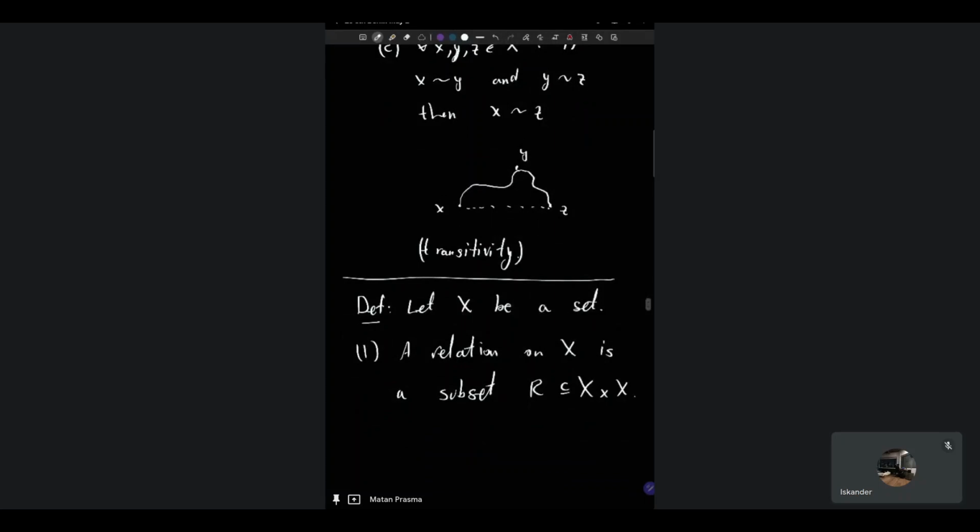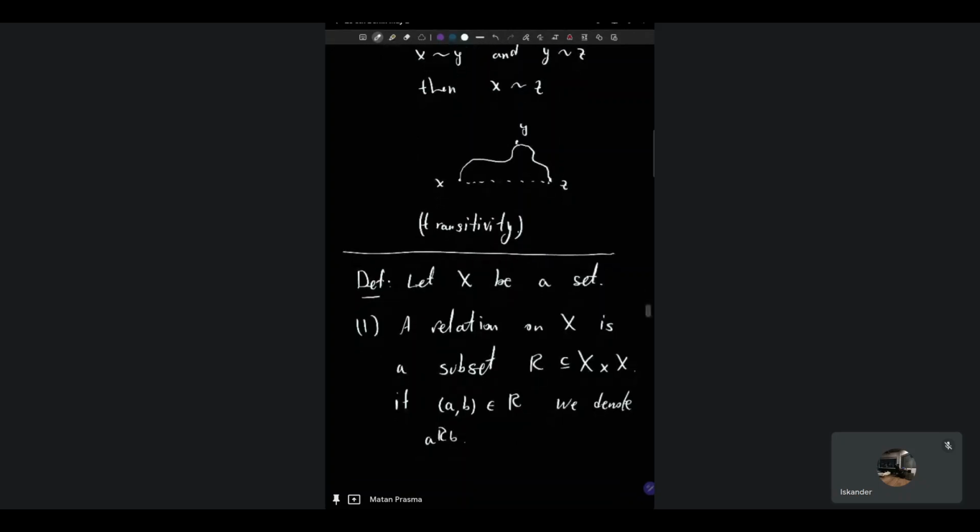Okay, so R is a set of pairs a, b, and if (a, b) is indeed an element of the relation R, we denote it aRb.